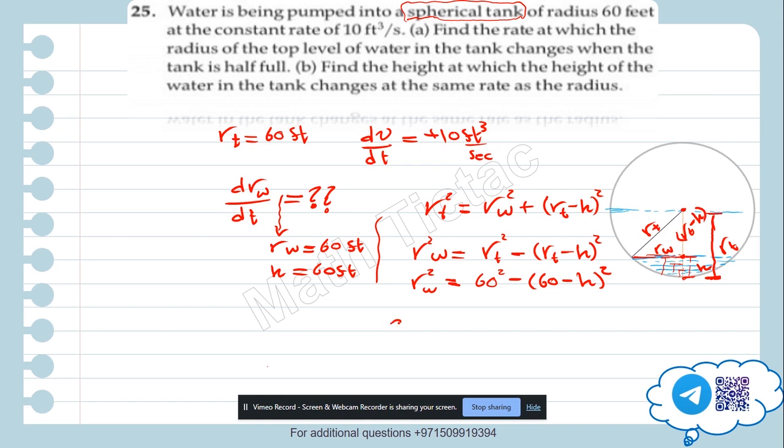So finding the derivative, this is 2r of water multiplied by dr of water divided by dt. This is equal to the derivative of 60 square, which is 0, since this is constant. Then the derivative of the other part, using the chain rule, take the 2, so minus 2 multiplied by (60 minus h), multiplied by the derivative of what is inside, which is minus h prime, or dh over dt.